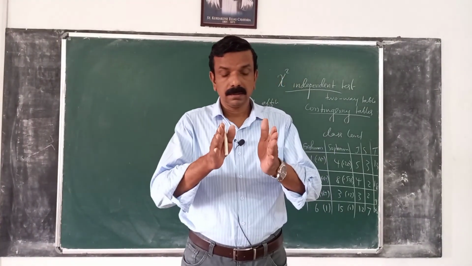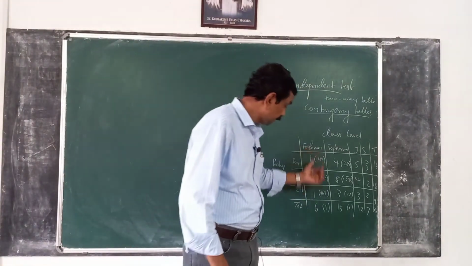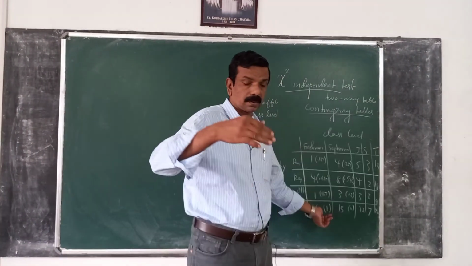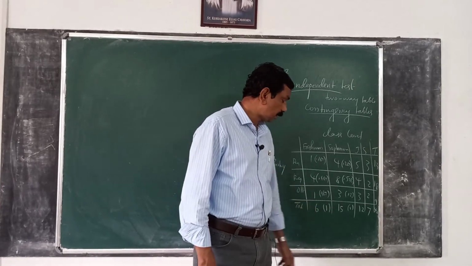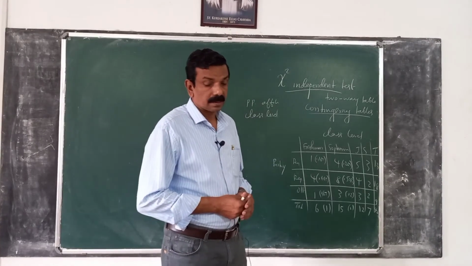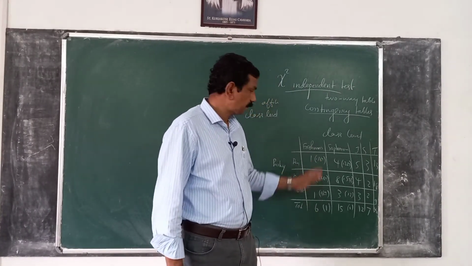And the total column provides the unconditional distribution, also known as the marginal distribution, of political party affiliation for the entire population.